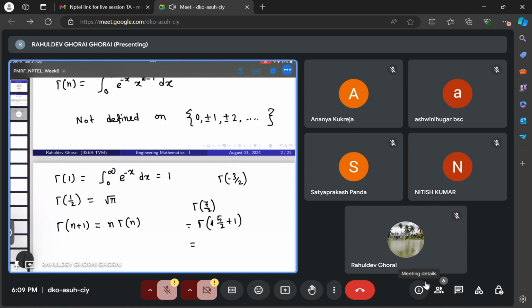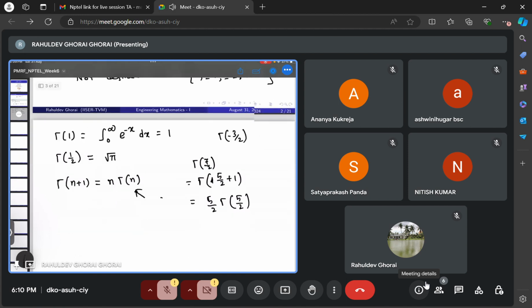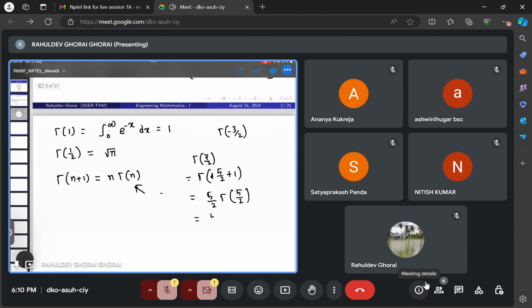Using this, you can write 5 over 2 times gamma 5 over 2, right? Then again, 5 over 2 times gamma of 1 plus 3 over 2. So that will be 5 over 2 times gamma 3 over 2, and gamma 1 plus 3 over 2 can be written as 3 over 2 gamma 3 over 2.